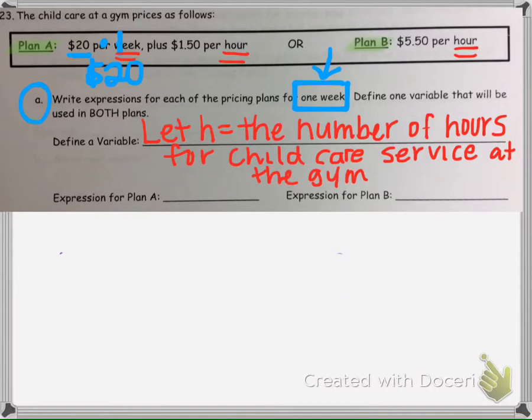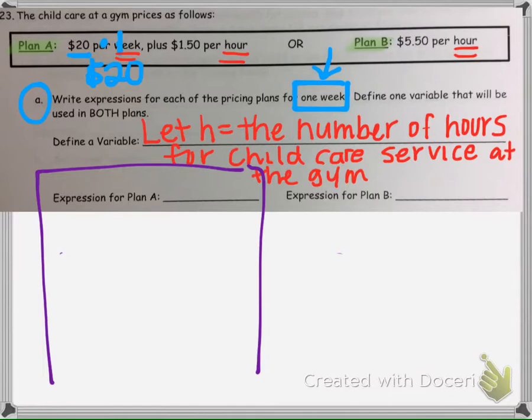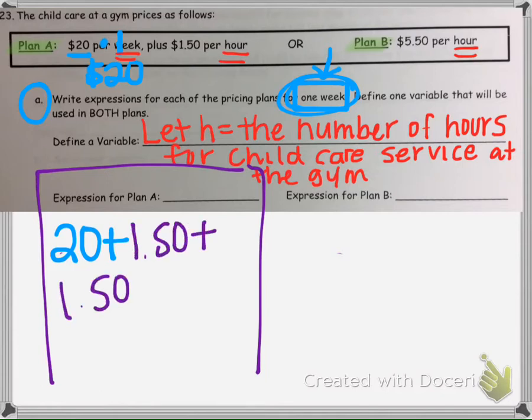Okay, so for Plan A, Plan A charges $20 for the week. Every week, $20, $20, $20. But it's only for 1 week. So that's why it's just $20. Plus, Plan A charges $1.50 for every hour.